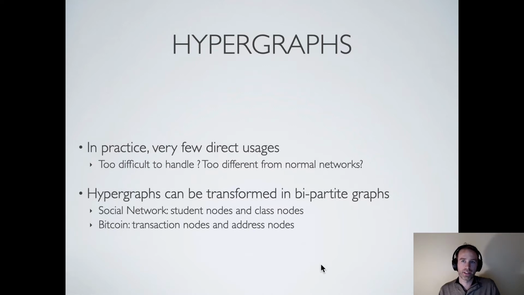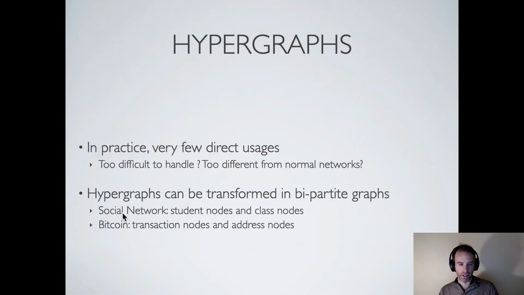The problem is that you need to redefine many notions on hypergraphs. What is the degree, what is the clustering coefficient, all these measurements need to be redefined. So what many people are doing is instead to represent this as bipartite graphs.